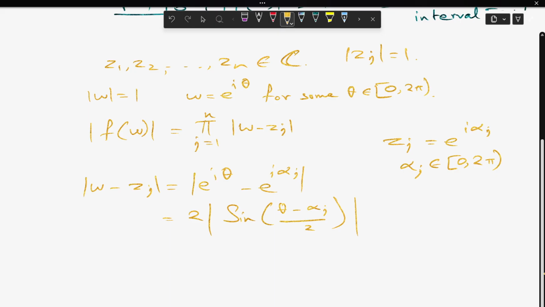So now from this we can easily write that modulus of f omega will be 2 to the power n into the big product j equal to 1 to n of modulus of sine of (theta minus alpha j) by 2.